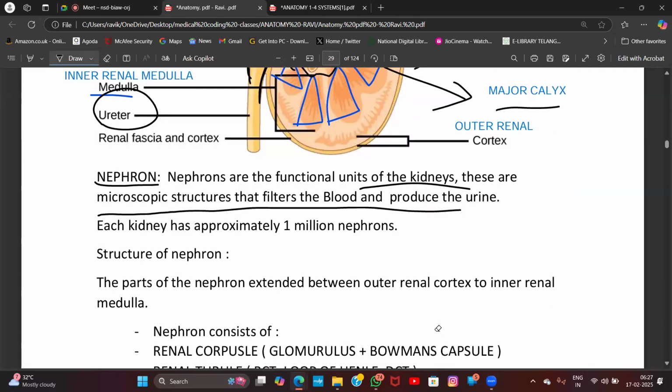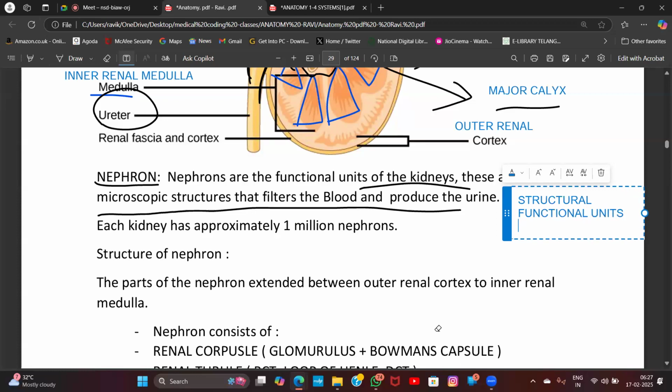Do you know what the structural and functional unit of the kidneys is? Nephrons. The cells of the kidneys are called nephrons. Each kidney has approximately 1 million nephrons. Do you know how much 1 million is? 1 million is 10 lakhs.